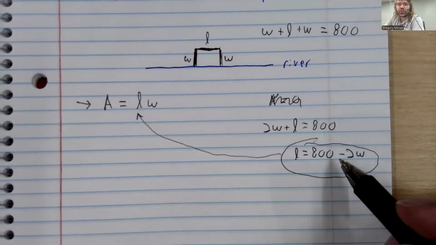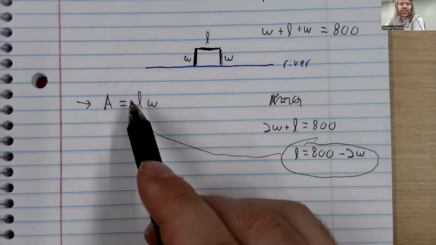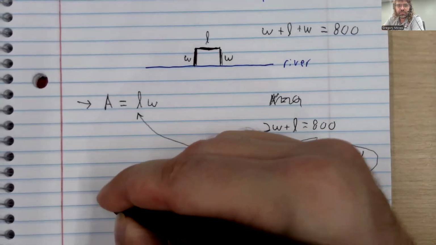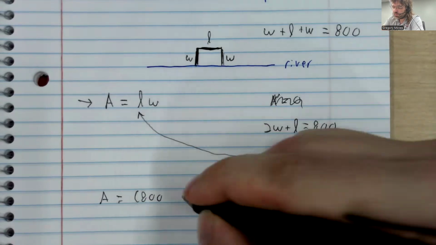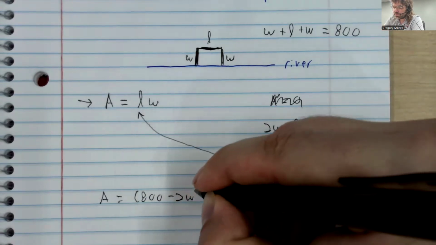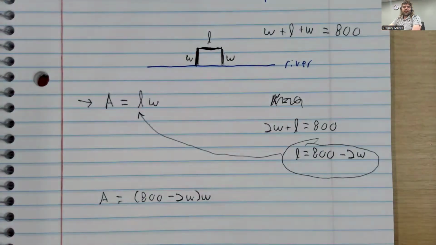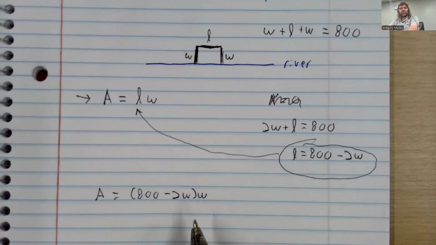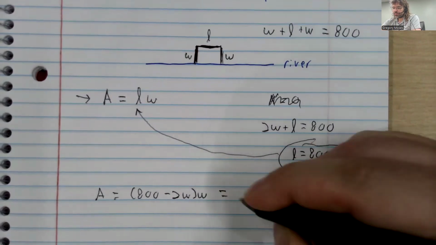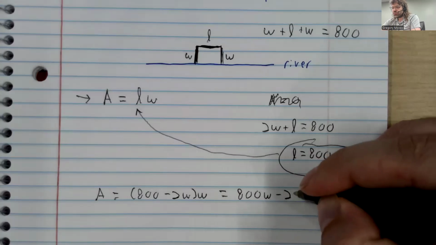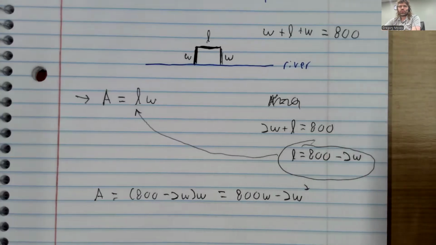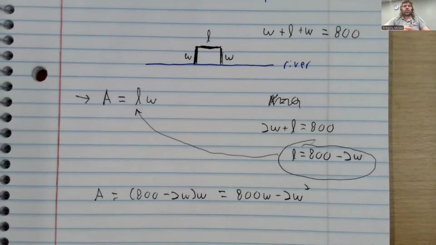If we take 800 minus 2W and plug it into the area formula, the area is 800 minus 2W times W, or 800W minus 2W squared.